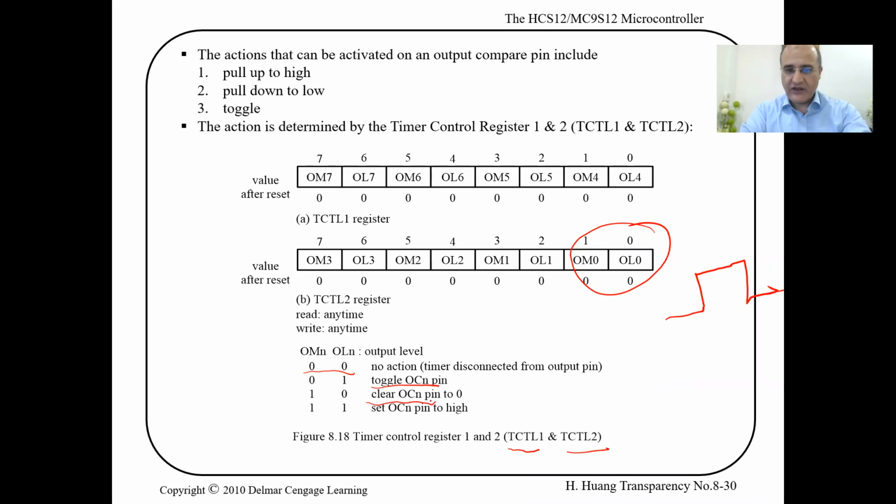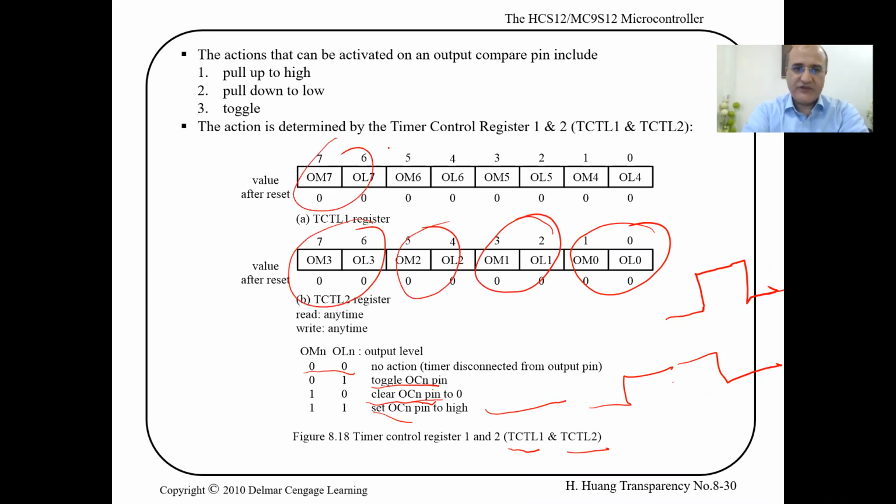Or it can clear the pin signal, meaning if it was high, it will go low and stay low. Or it can set it, meaning if it was low, it will go high, and if it was high, it stays high. A toggle will reverse it. And 2 bits per channel, so we have 16 bits for the 8 channels.